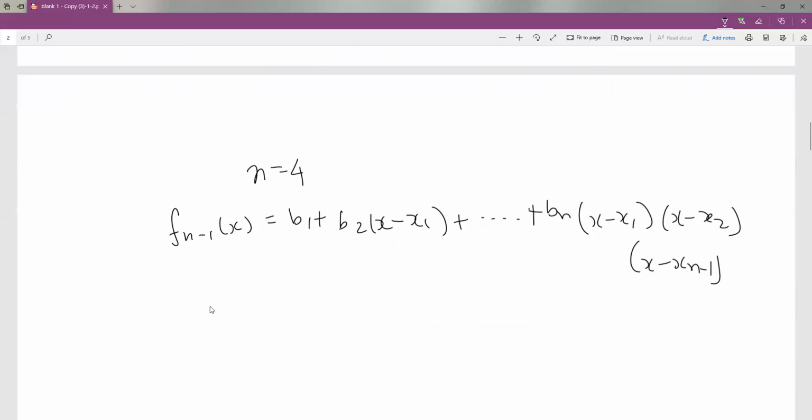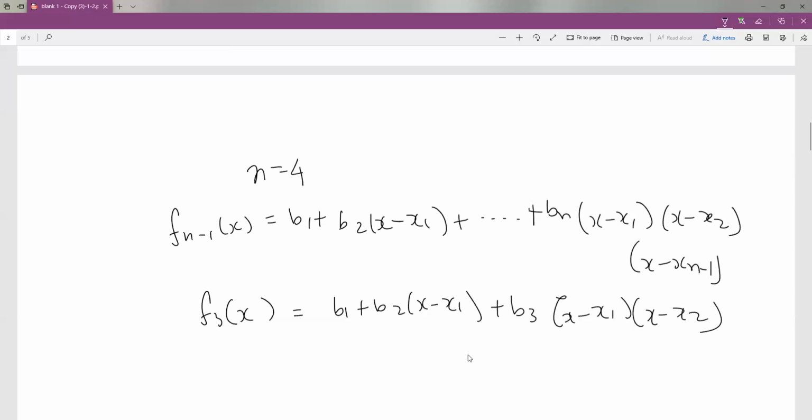It will give you a third order polynomial, n minus 1. So substituting n equal to 4, we will get the third order Newton's interpolating formula: b1 plus b2 (x minus x1) plus b3 (x minus x1)(x minus x2) plus b4 (x minus x1)(x minus x2)(x minus x3).